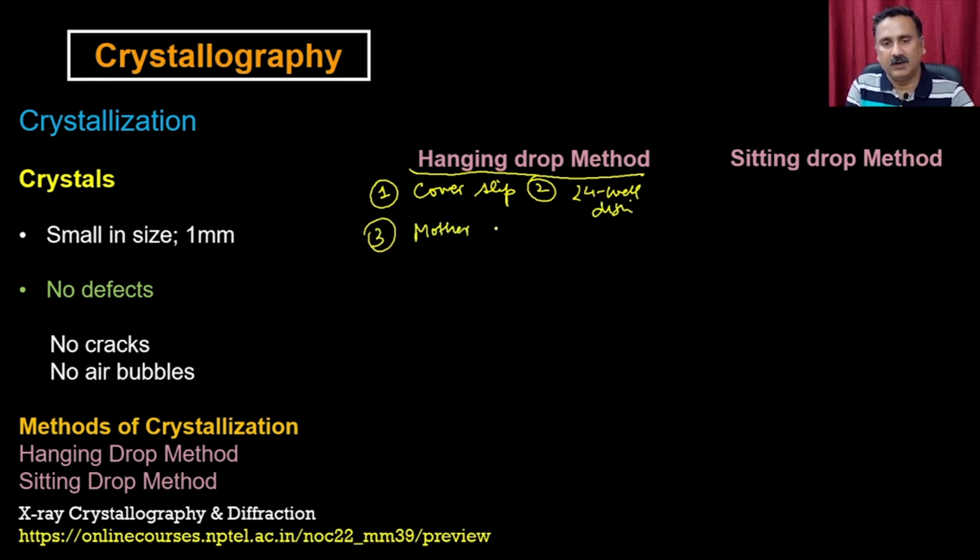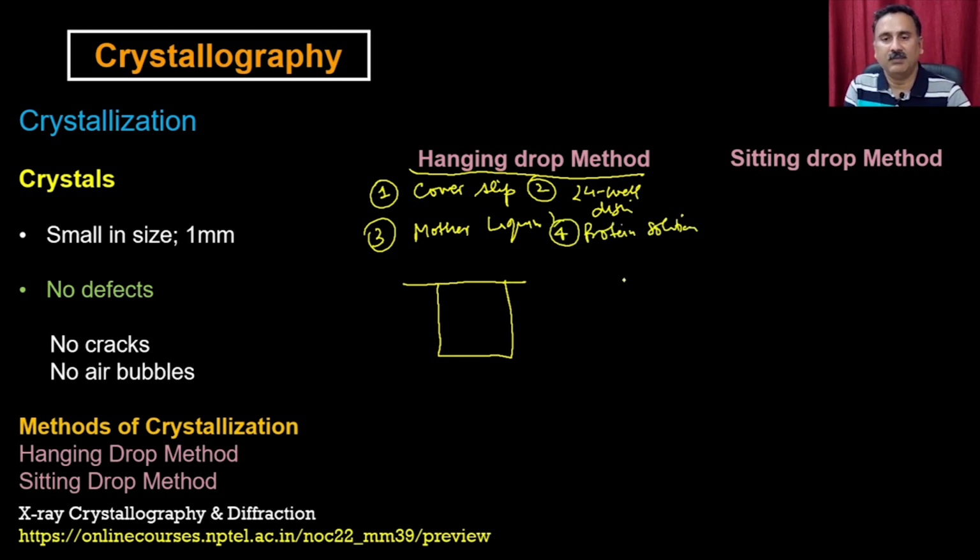mother liquor. Now, how this hanging drop method works is that you are going to have the well. And fourth, you also require the protein solution, which is purified.